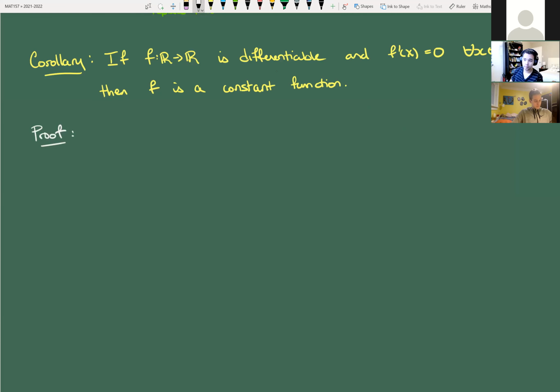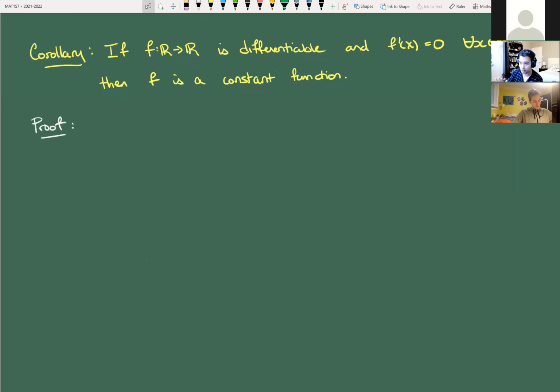Okay. So like I said, I suspect many of you knew that this was true, but you actually need the mean value theorem in order to prove it. And you really do need it. This is pretty hard to prove without. And basically, here's how it's going to go. I'm going to say fix x and y in R, arbitrary, right?